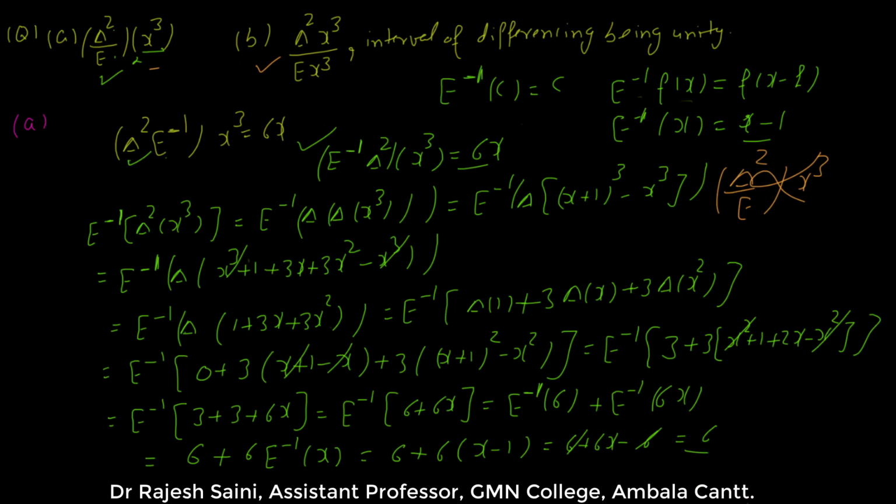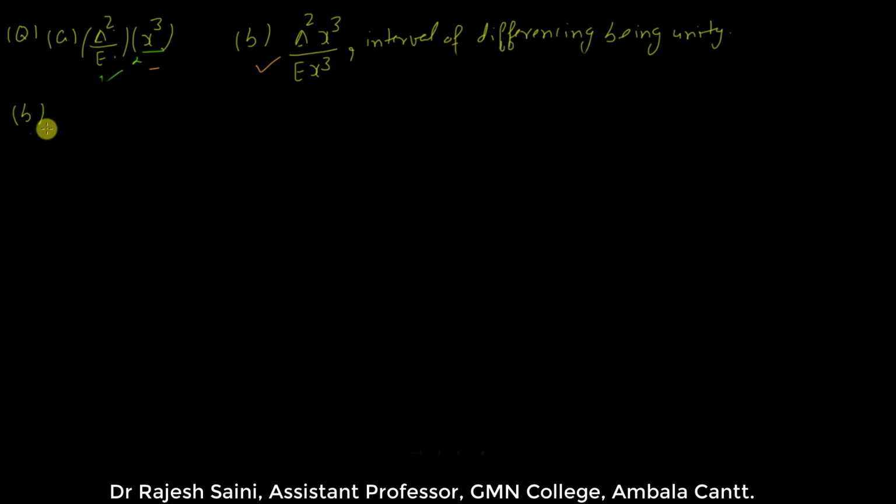So now I'm going to write it as delta square x cube divided by E x cube. Now let me first calculate this value, and this value I will put over here.